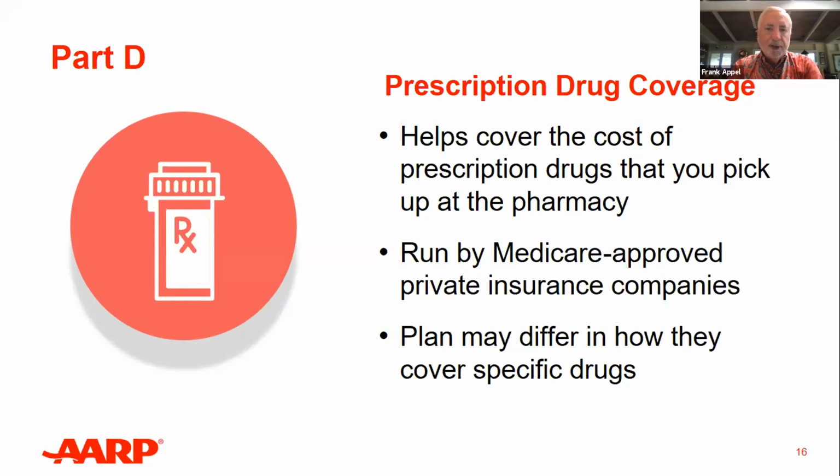For example, you might be taking a cholesterol drug, and one plan will cover that under, let's say, Tier 2 as an approved brand name drug, and another plan may cover it under Tier 3 as a non-approved brand name drug, and you'd pay a higher copay. And I'll show you how you can figure out how those plans cover your drugs so that you can make a good choice about which of those plans will be best for you. Next, Jackie.